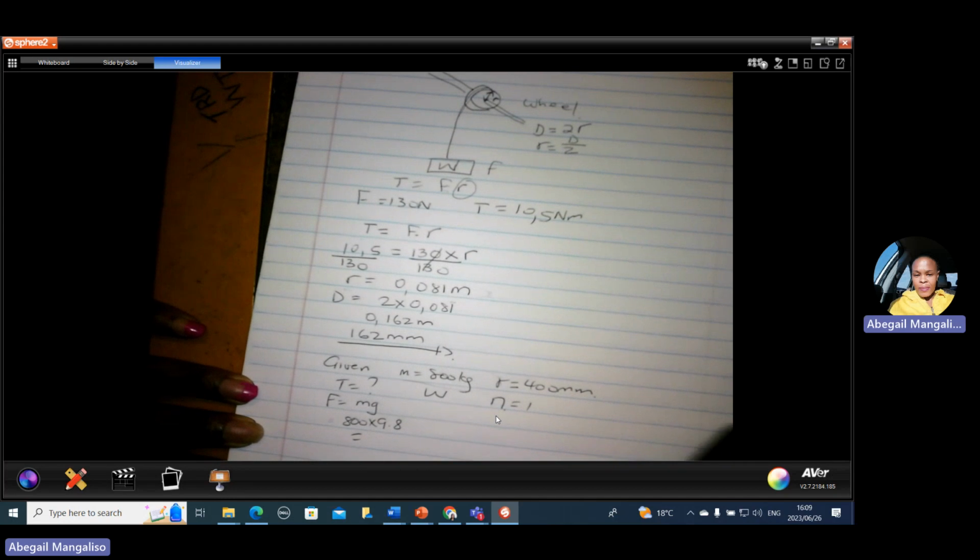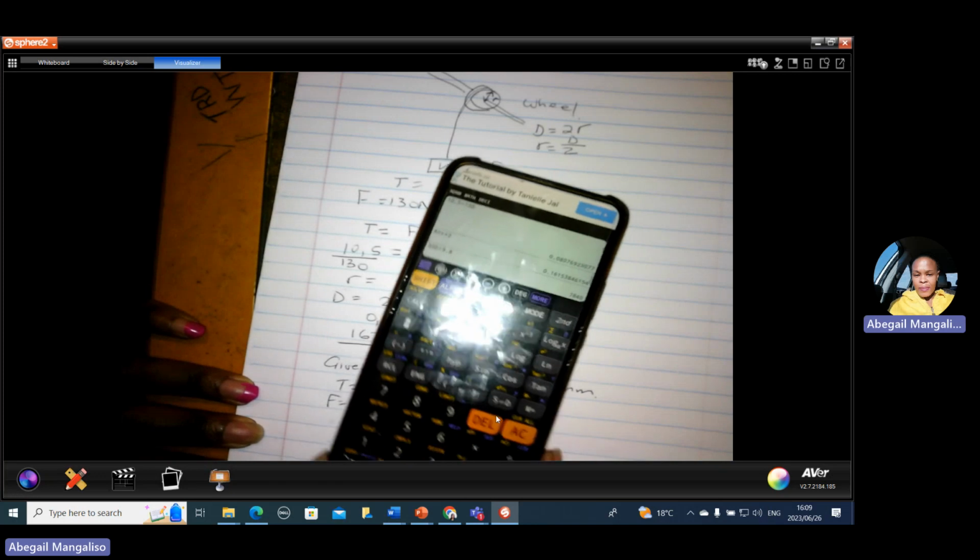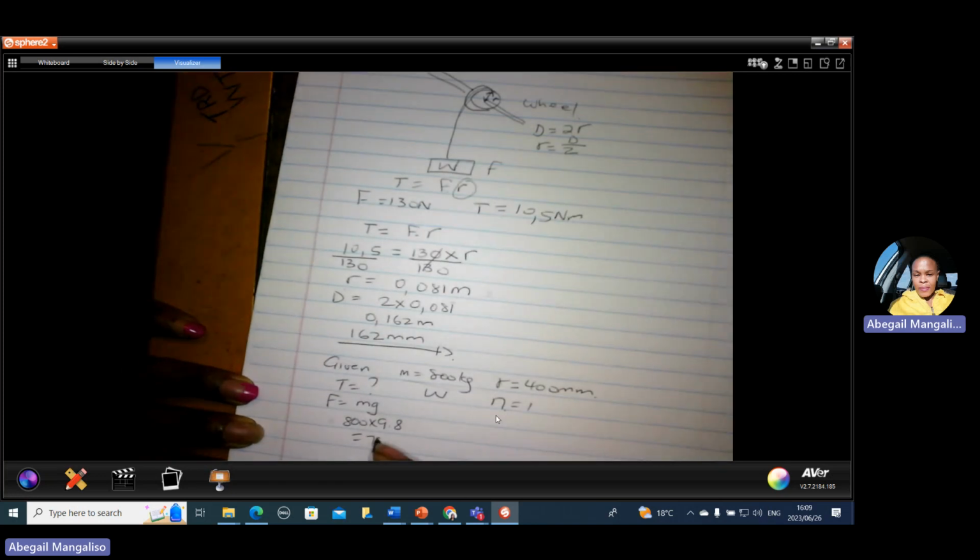So you must calculate the force by using the weight of the load. It will be 800 multiplied by 9.8, and the answer is 7,840. It is in Newton.